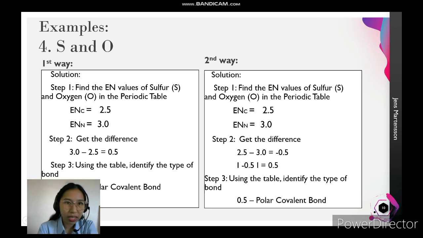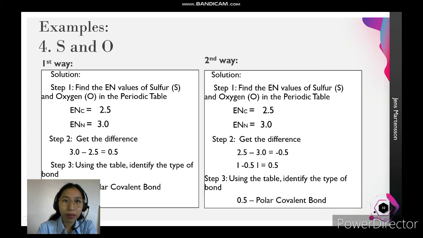Now, supposedly this is C and N, or carbon and nitrogen. So first thing, we need to find the EN value of C or carbon using your periodic table. Now, the electronegativity value of carbon is 2.5, whereas the electronegativity value of N or nitrogen is equal to 3.0.